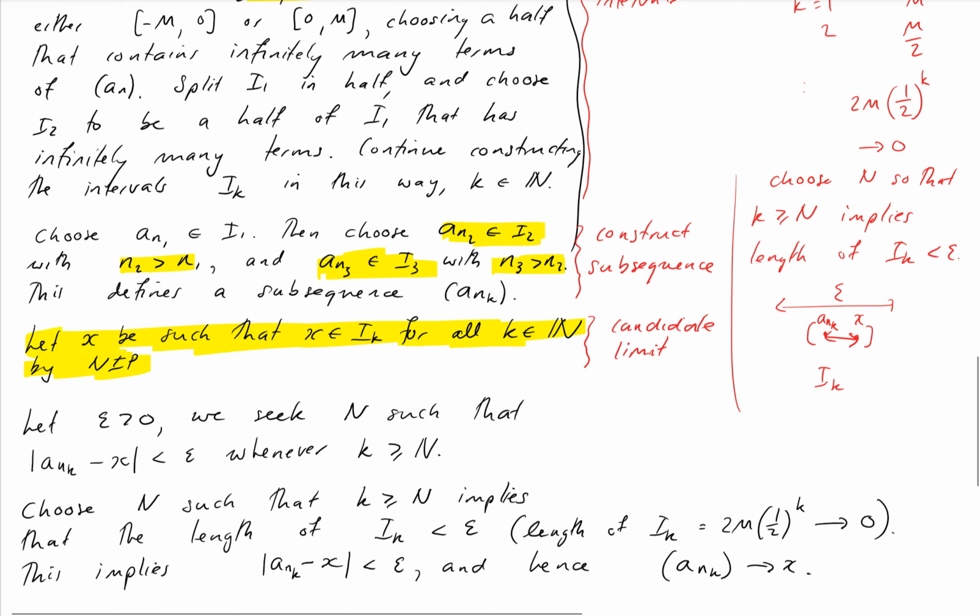From there, the actual process of verifying that the subsequence we had produced converged, unlike some examples, actually proved to be relatively straightforward, because we just chose a small enough interval so that a n k and x were forced to be close enough together that it was all going to come out for us. And that is the Bolzano-Weierstrass theorem.